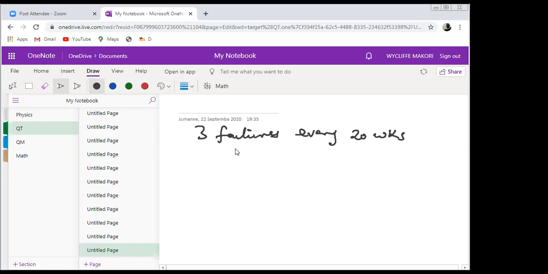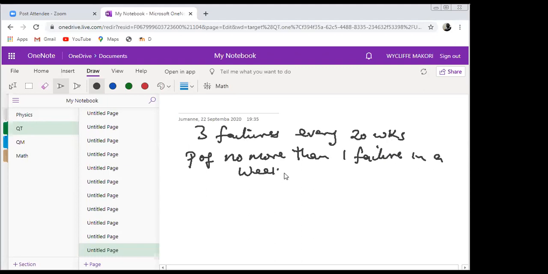Electricity fails approximately 3 times after every 20 weeks. Calculate the probability that there will be no more than 1 failure in a particular week.